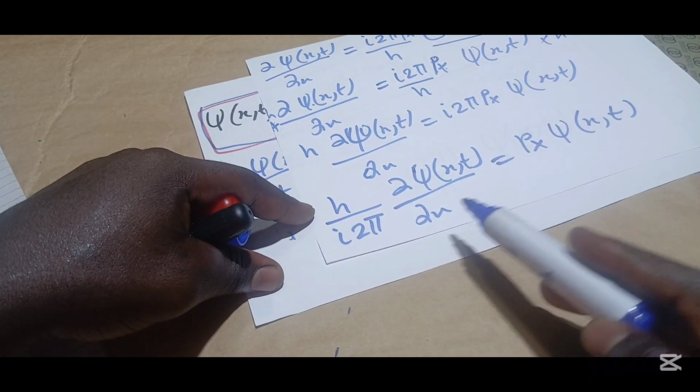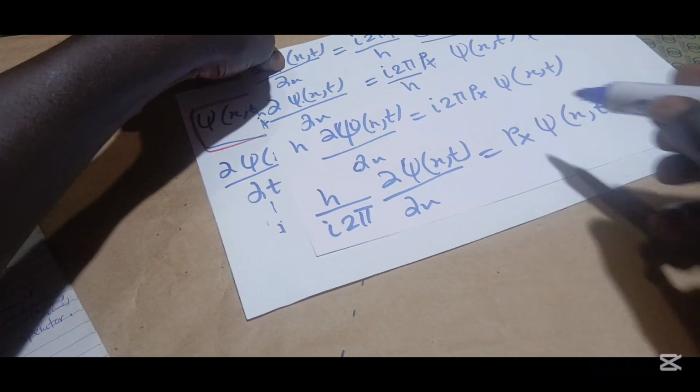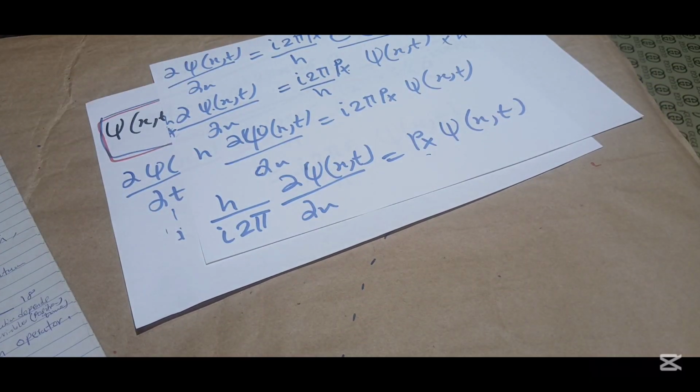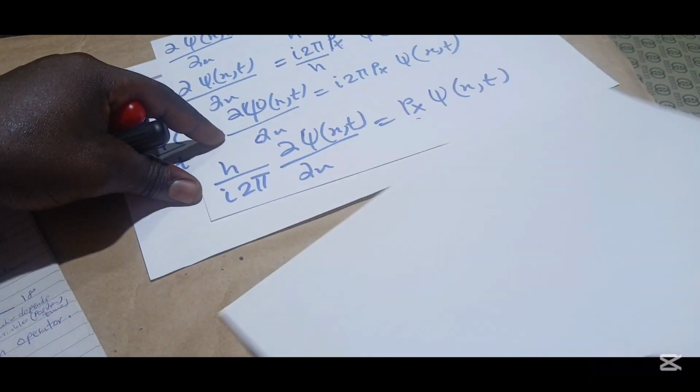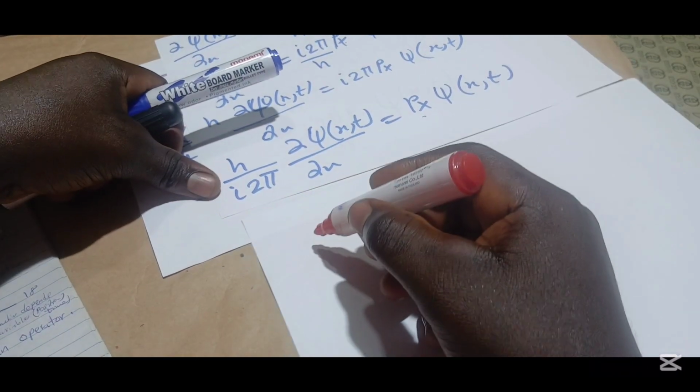So it means that we operated something on the wave function, and we've gotten the value of that thing plus the wave function again. So we can now define a linear momentum operator. Now let me write the final equation very well.